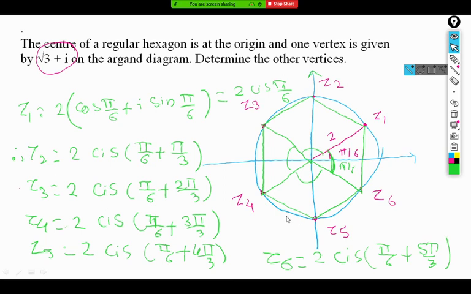We know it is a regular hexagon, as it is already given. The angle between two successive roots should be pi by 3. You can start, and then just shift the angle by pi by 3, and you will get the next vertex. The magnitude of that root will be the same, only the argument will change by pi by 3.